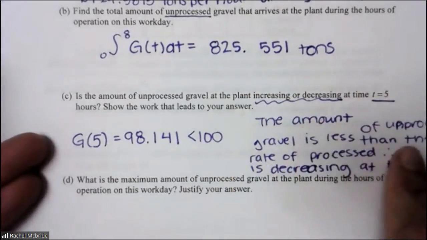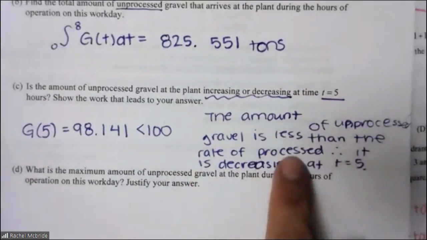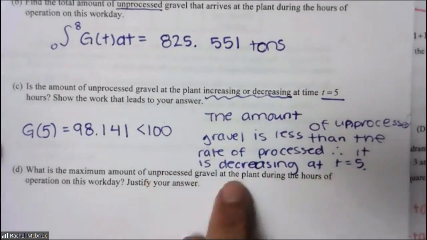So the amount of unprocessed is less than the rate that is being processed, therefore it is decreasing.